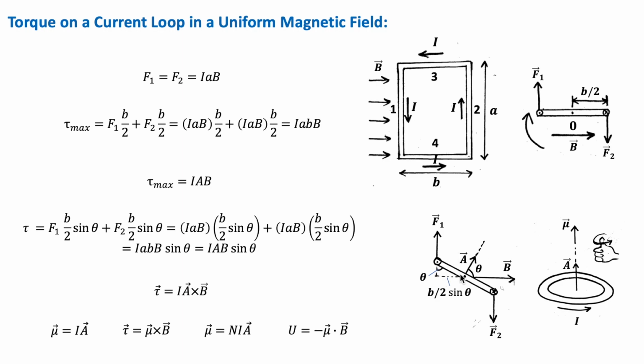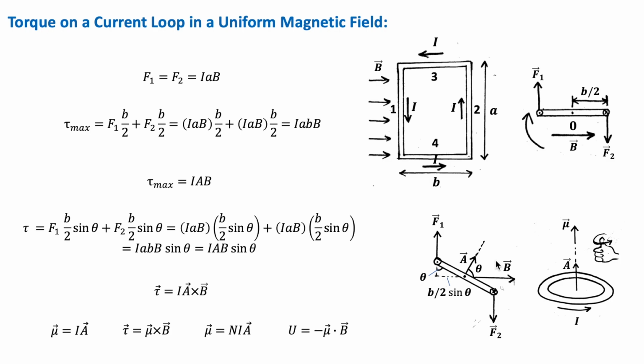So when mu rotates towards B, once mu becomes aligned to B, it will represent the equilibrium position of the loop, but the angular momentum of the loop will carry it past this equilibrium configuration, where it will slow down due to the restoring torque, okay? And so the resulting motion will be an oscillation around the equilibrium position where mu is aligned to B.